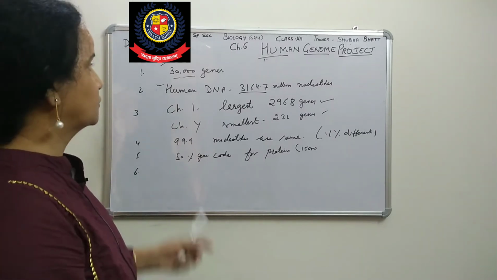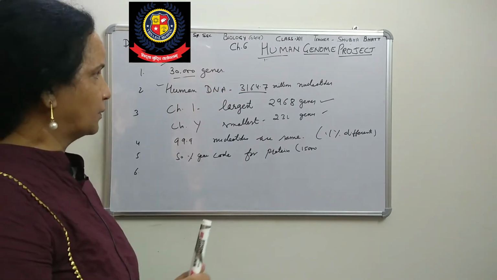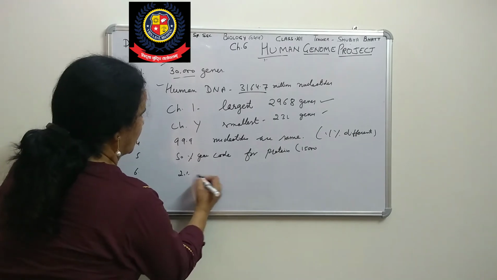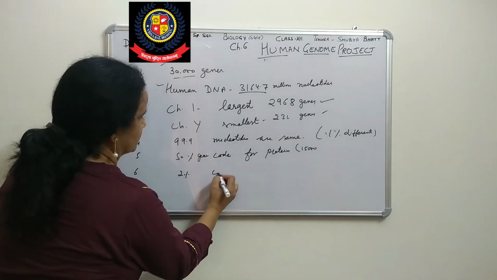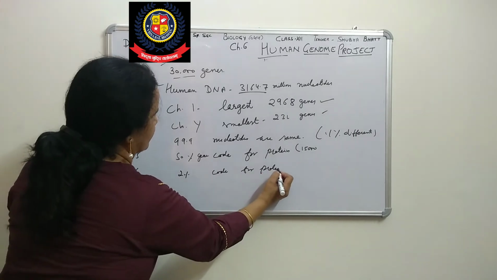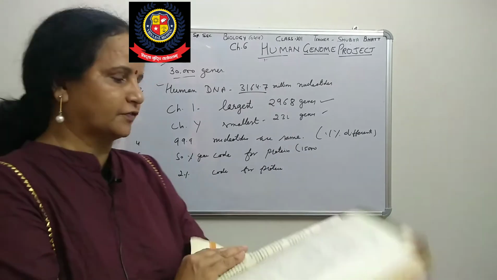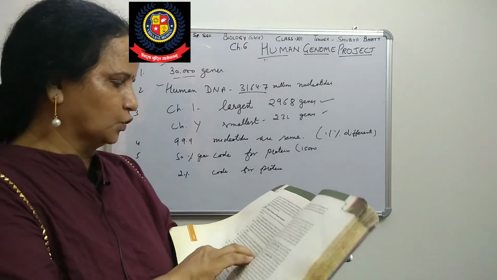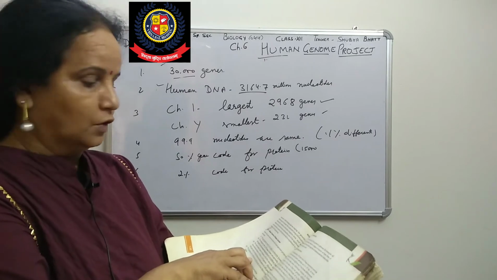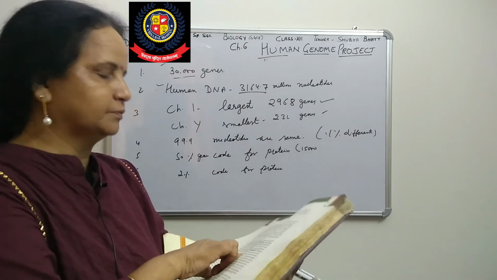Right, this means of the total DNA of 3164 million nucleotides, only about 2% is coding for protein. Don't get confused by that. See the first line: the functions are unknown for over 50% of the discovered genes.